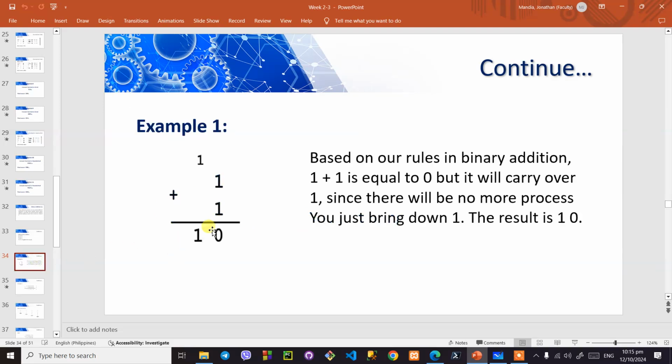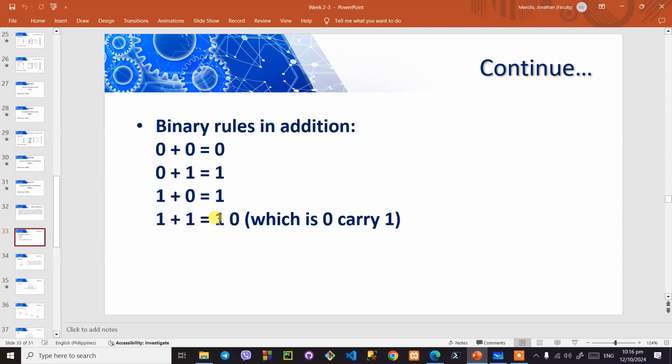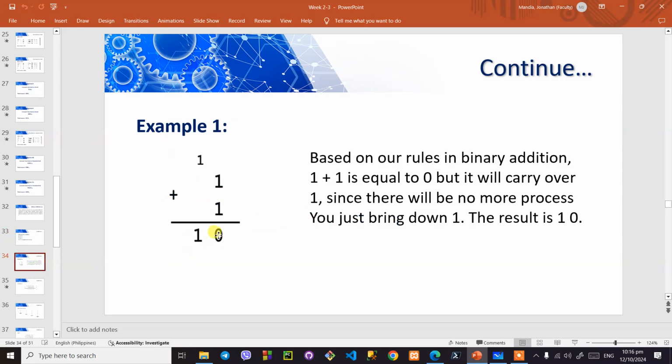Now, example 1. We have 1 plus 1. Based on our rule, it's 1 and 0. Before it becomes 1 and 0, you bring down 0, sorry, you bring down 0 in the column of 1 plus 1.